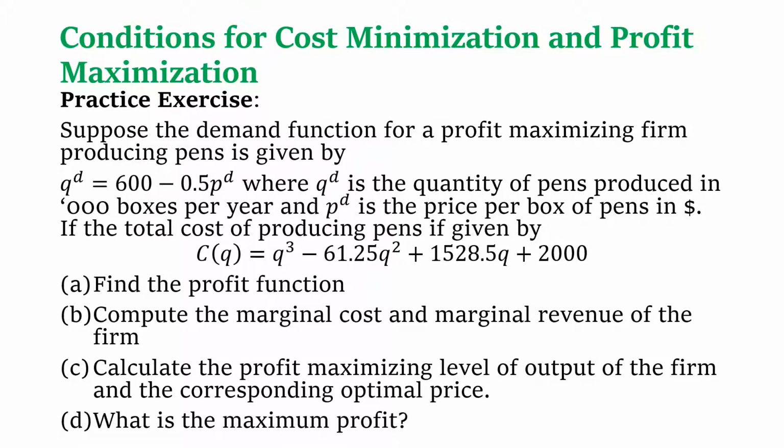For the marginal revenue, first express price as a function of quantity, then multiply by quantity to get the revenue, then differentiate with respect to quantity. That gives you the marginal revenue. To find the profit maximizing level of output, just equate marginal revenue to marginal cost and solve.